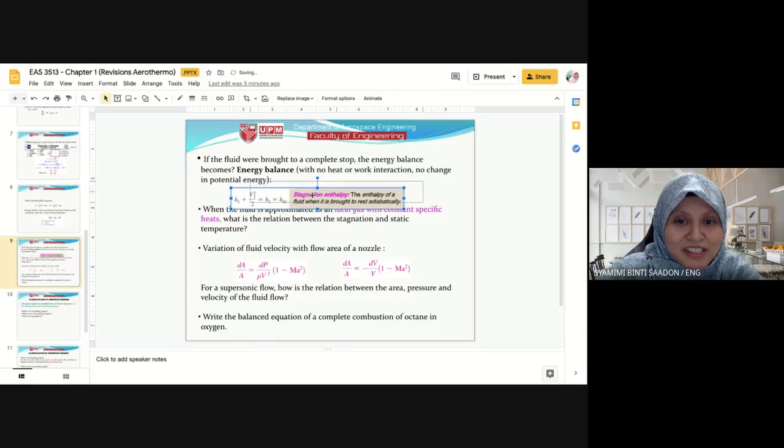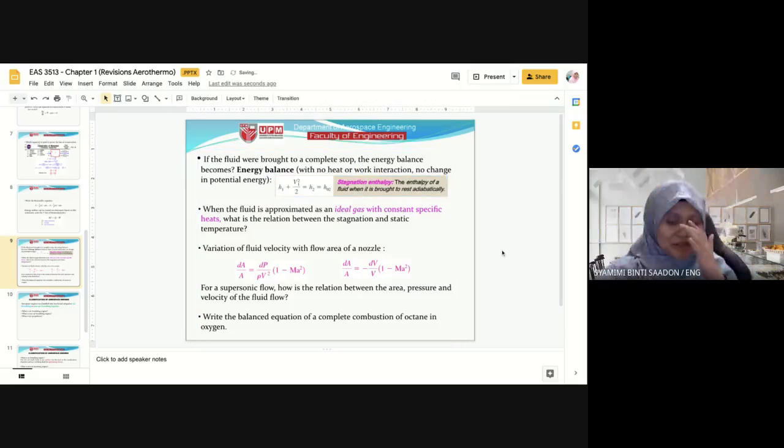Okay, this is from the reference book, the main thermodynamics book. Normally on the left hand side, this is the general energy balance equation. You have enthalpy, and you have this, the kinetic energy.